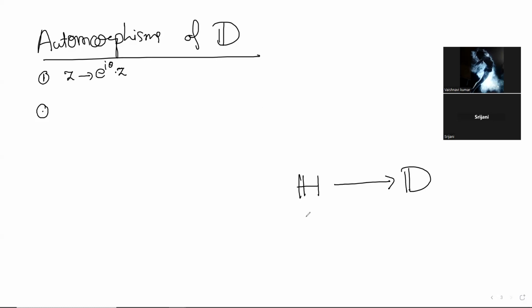So there is this map, z going to (z minus i) over (z plus i). You can take that it's a biholomorphic map.